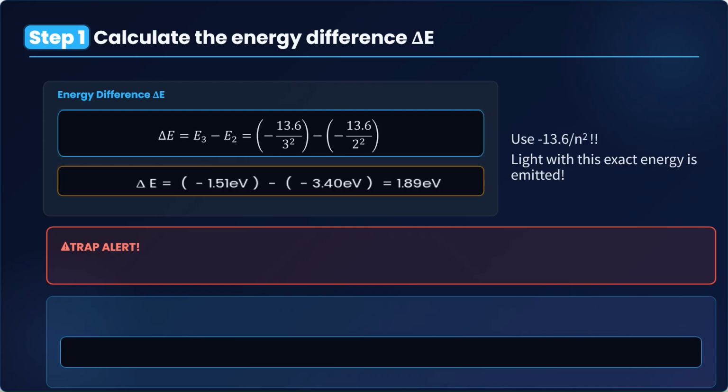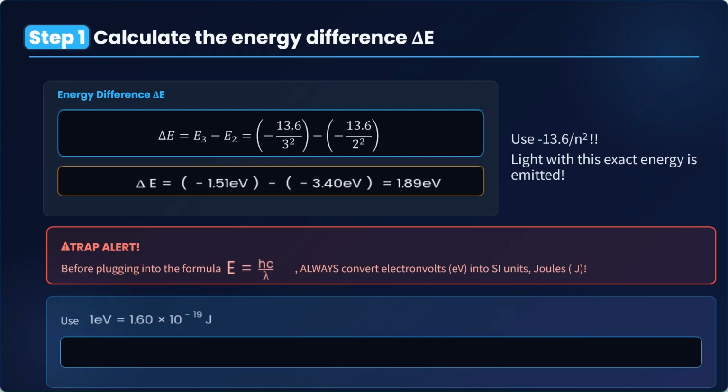Here is a super important warning. Do not plug values directly into the formula in electron volts. The unit for E in E equals hf must be in joules. Let us convert it into the standard physics unit, joules. 1 electron volt equals 1.60 times 10 to the power of negative 19 joules.